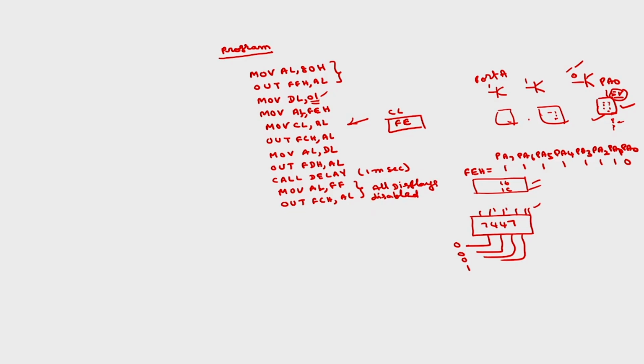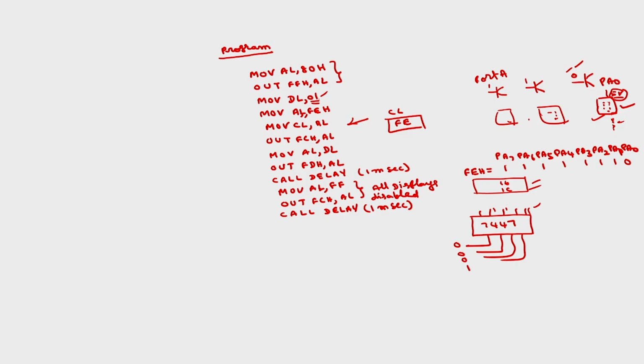Initially you have enabled the last display, then after 1 millisecond you have disabled all the displays. This also you call for 1 more millisecond. We know how to write the delay programs, I am not discussing that here.